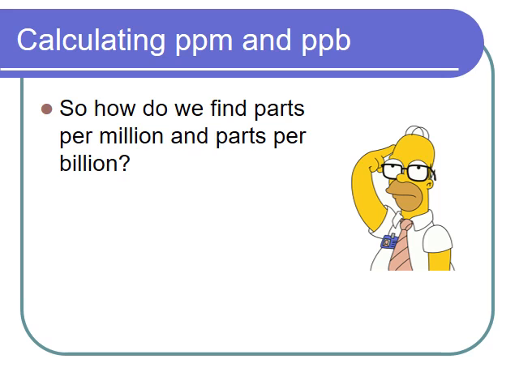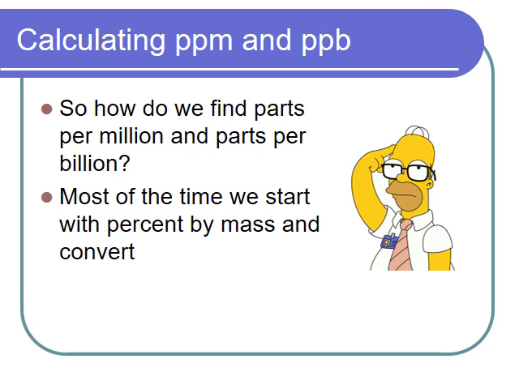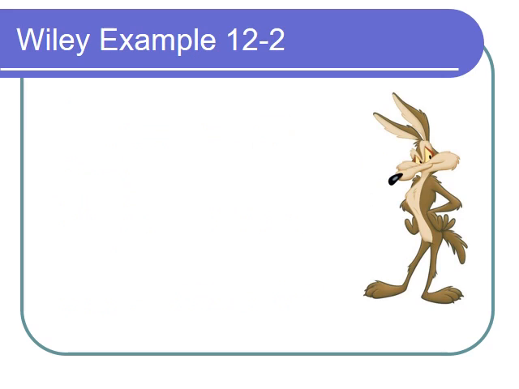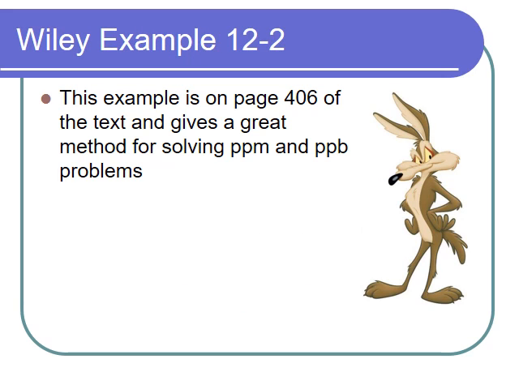So how do we find parts per million and parts per billion? A lot of times we'll start with percent by mass, something we're familiar with, and we'll convert. Example 12-2 in Wiley, on page 406, gives us a great method for solving these problems.